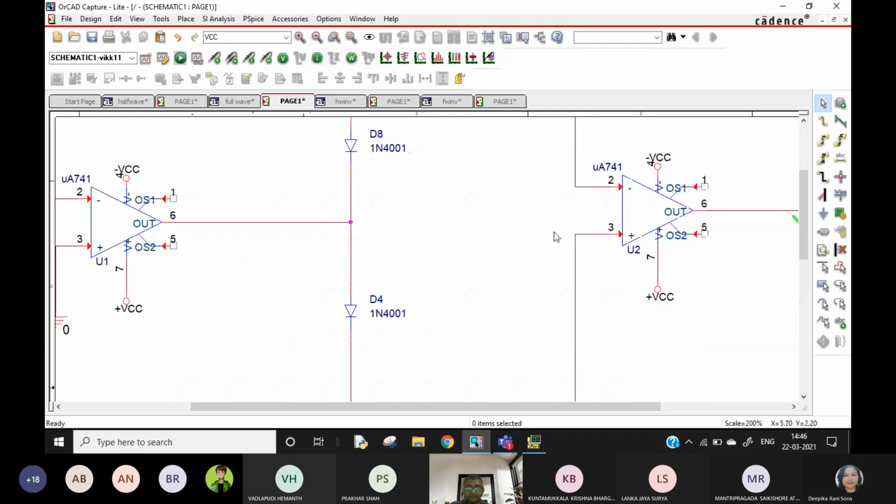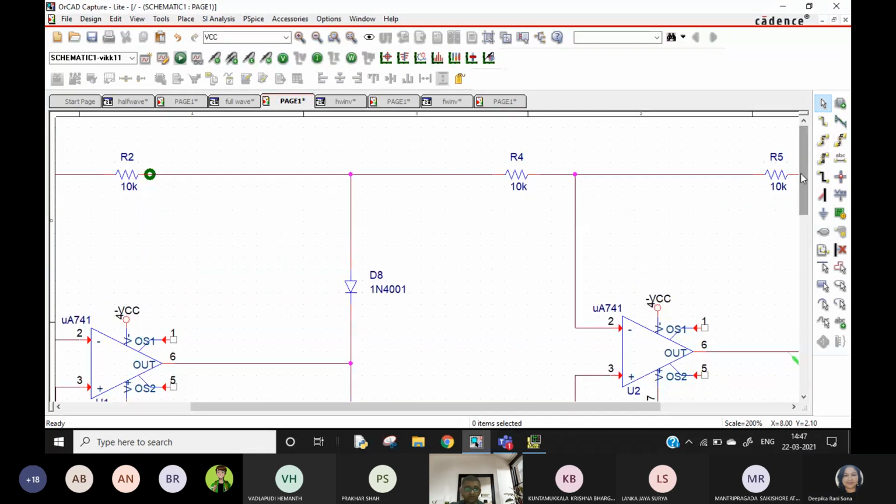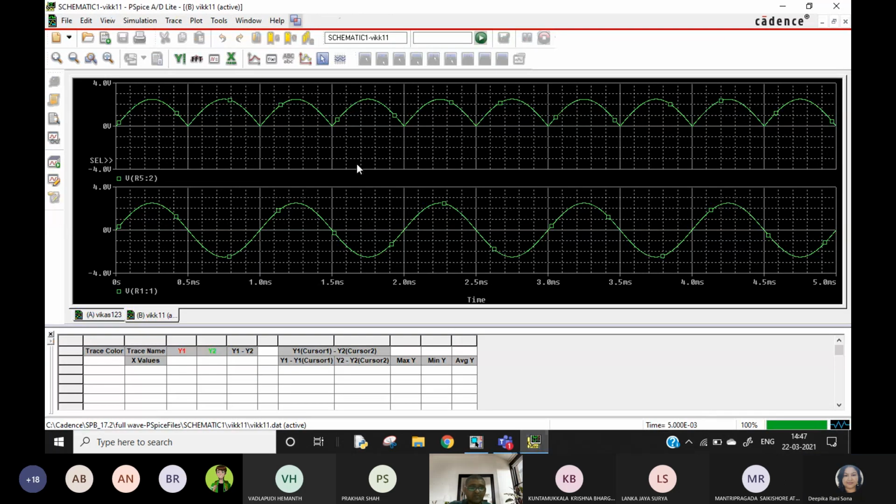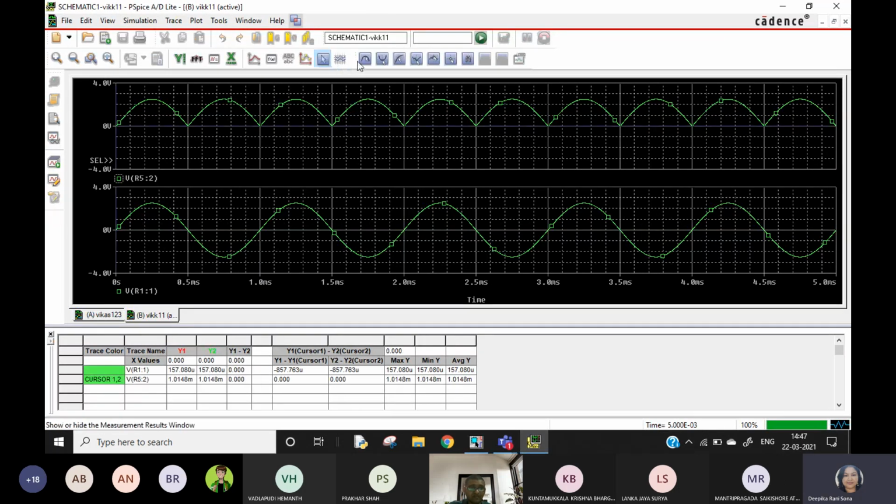Ma'am, you are asking about this one, ma'am. Before running, I didn't connect it properly, ma'am, so that error came. And again, I connected properly and ran it, ma'am. Okay, fine. This is the output, ma'am. Yeah, verified. So you send me the screenshot of the inverted one. Okay, ma'am.